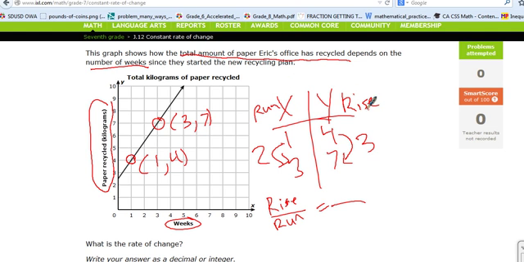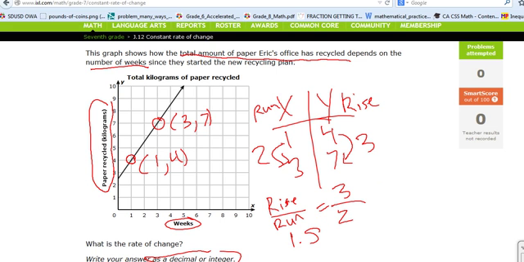So it's going to be the change in y of 3 over 2. Here, it also says for you to write your answer as a decimal. So 3 halves. If I divide 3 by 2, I'll get 1.5.